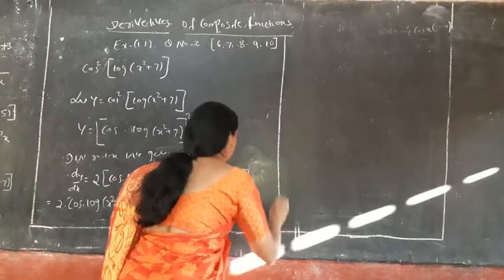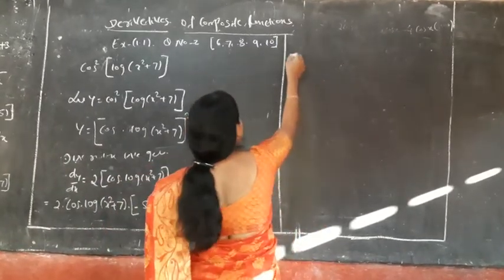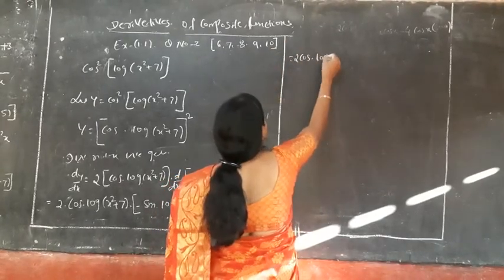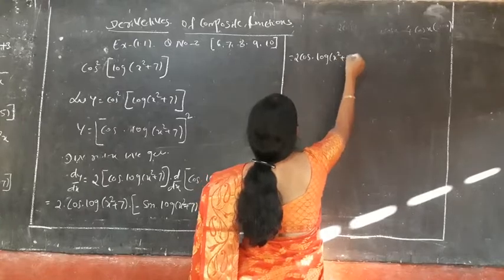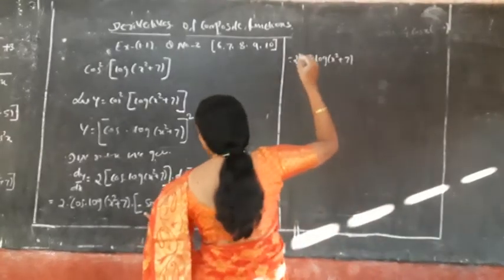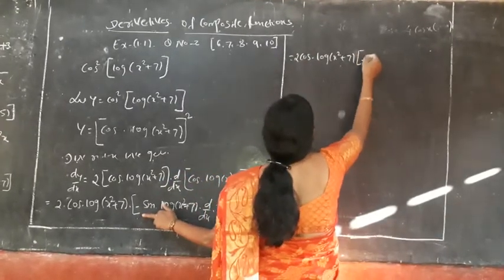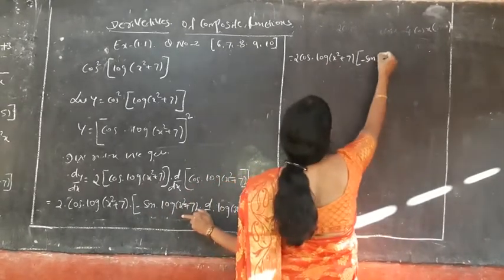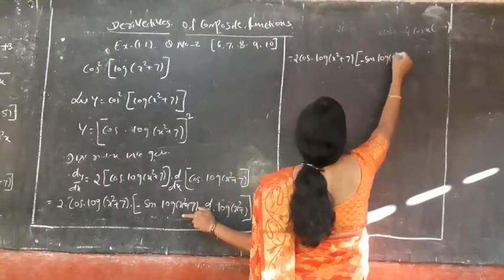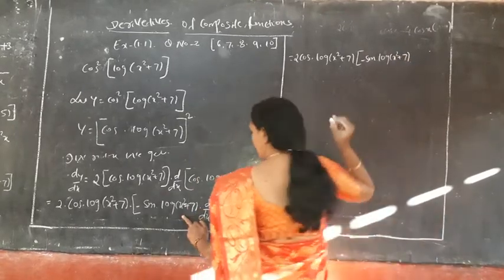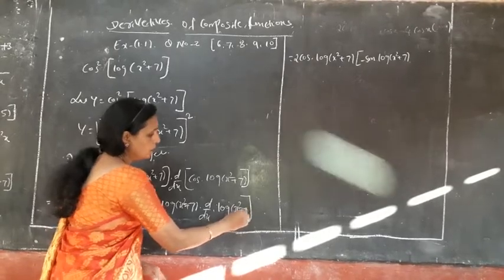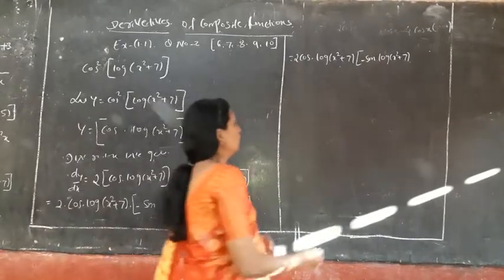Now here this is equal to 2 cos of log of x square plus 7 into the bracket minus sin log of x square plus 7. See, differentiation of log of x square plus 7. This is a log function.